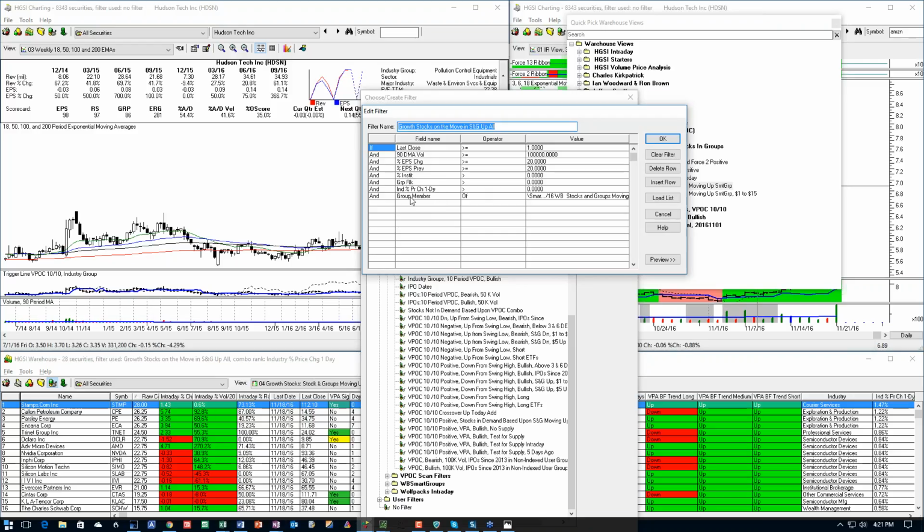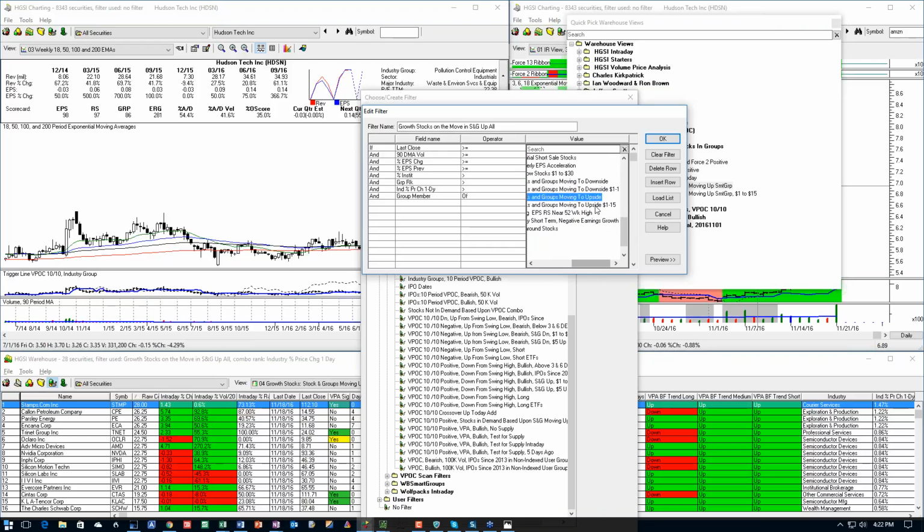And here it is right here. The field name is group member. This is something Matt put in about, I don't know, 6-8 months ago, something like that. But you can select any group that you want, and it will go to that group only.